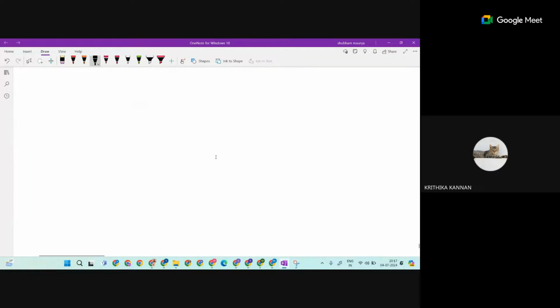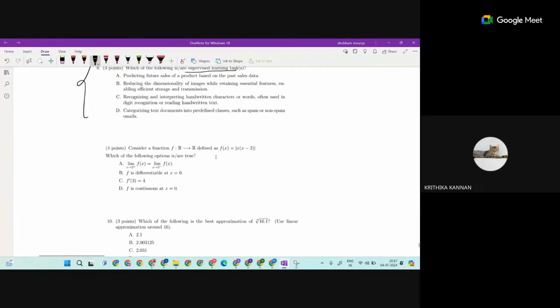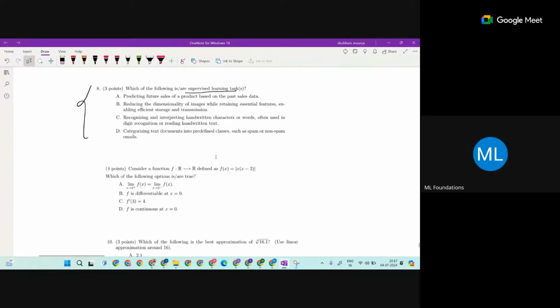Recognizing handwritten letters. Yes, recognizing and interpreting handwritten characters or words. So it is a supervised learning, right?